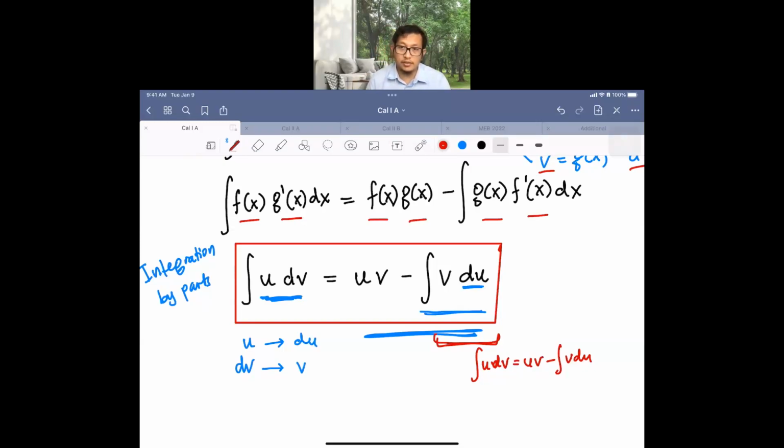So I hope you can use them very well, and I think it's better if you are familiar with this integration. And I have some methods to help you calculate this integral. It's actually still integration by parts, but with some sort of arrangement. I think it will help you to solve some problem sets.